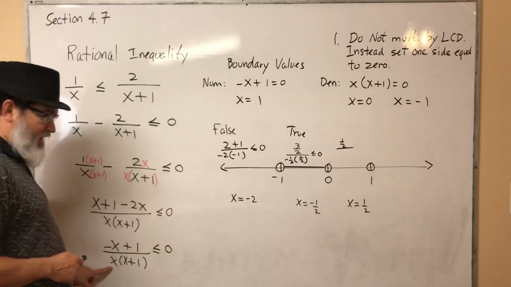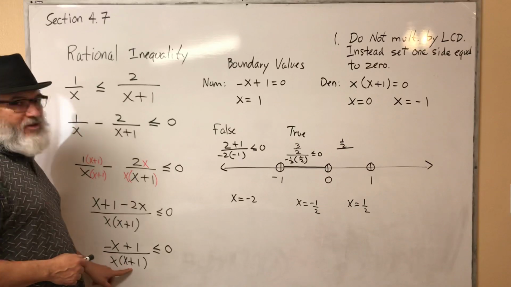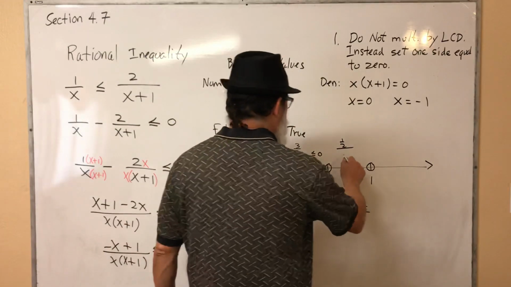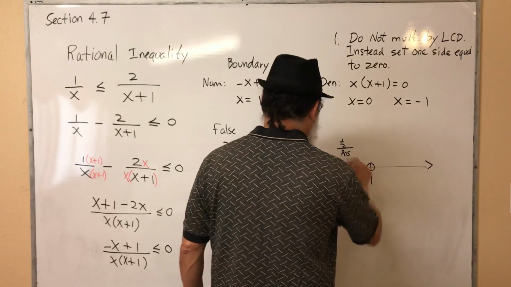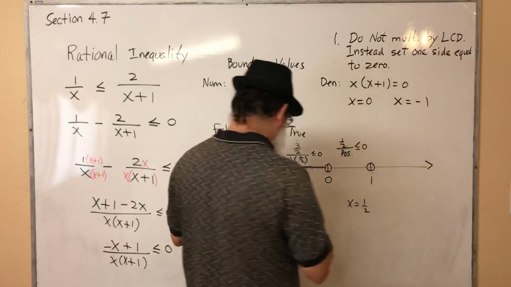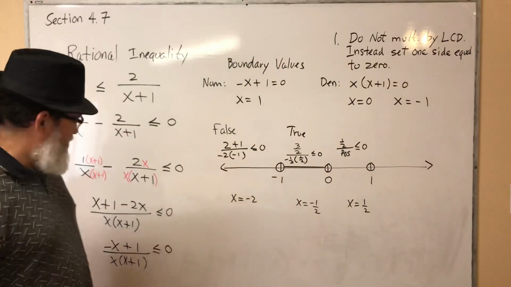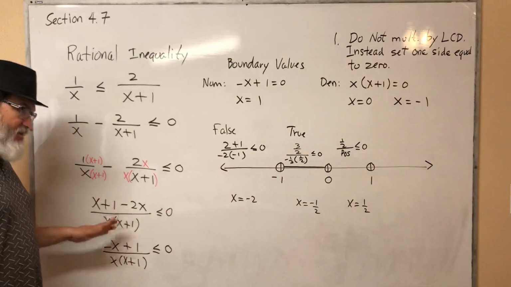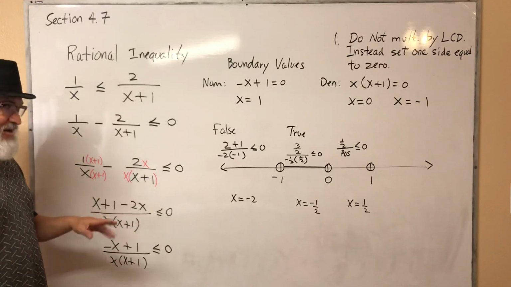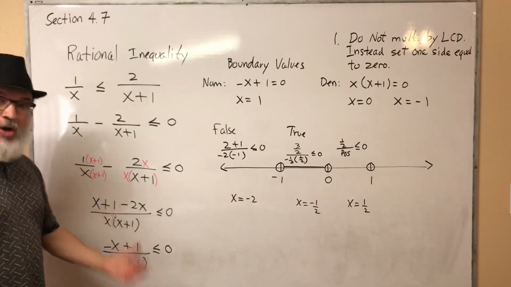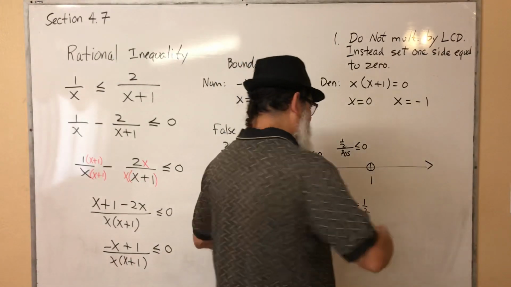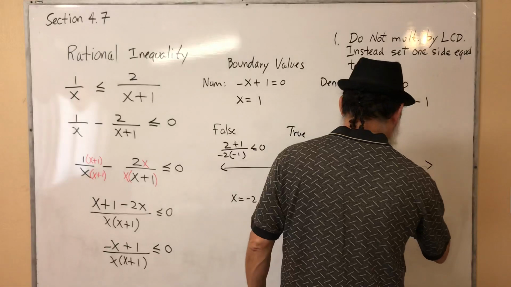A positive half times 1.5 is positive. Is that less than or equal to 0? The numerator is positive, the denominator is positive. Is a positive divided by a positive less than or equal to 0? The answer is no. So you don't shade this. Try this one. Try x equals 2.